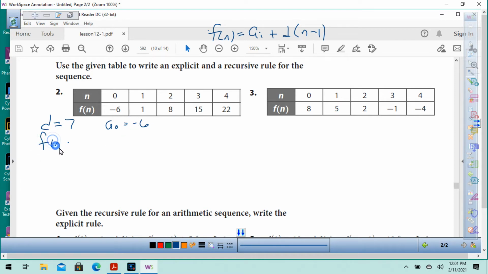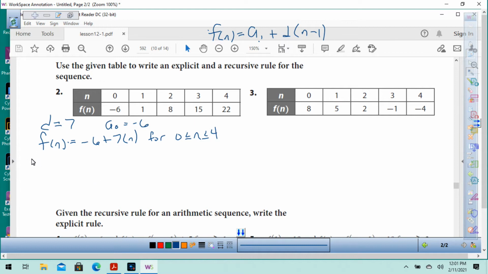We're going to have f of n equals a sub 0, that's going to be -6, plus d, which is 7, and then instead of n minus 1, since we started at 0, we're just going to have n. And it's also bound from 0 to 4, so 0 is less than or equal to n is less than or equal to 4.